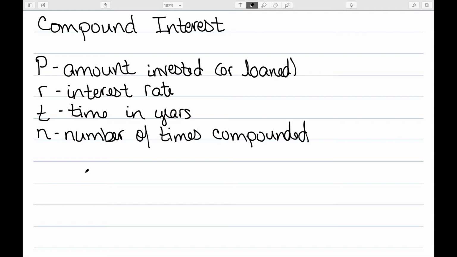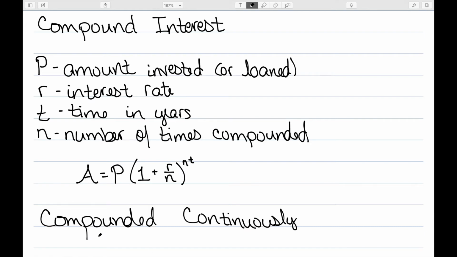So how often is the interest calculated? In that case, the amount in the account is going to be P times 1 plus R over N raised to the NT power. And if we compound our interest continually, if interest is continuously calculated, then we use the formula A equal to P e to the RT.